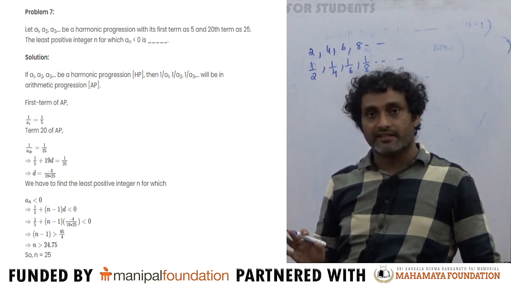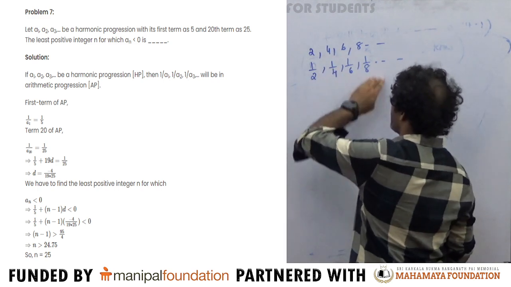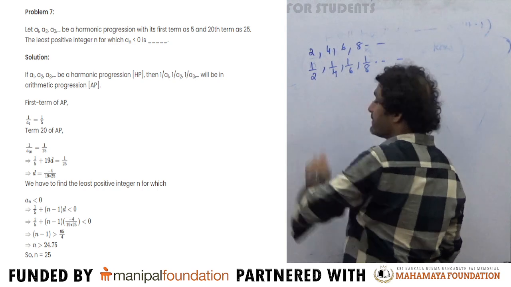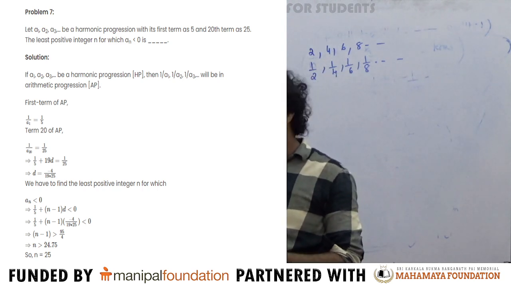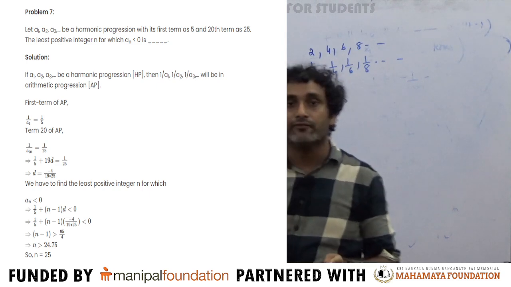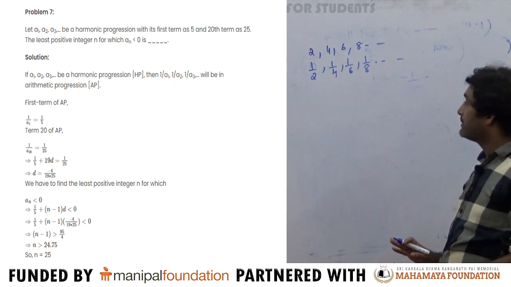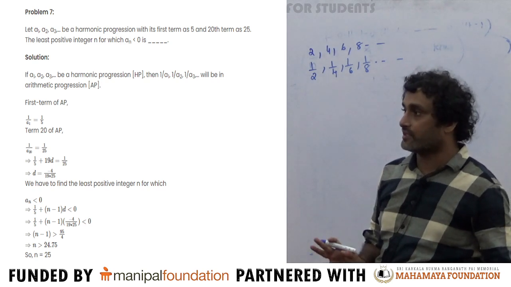Even if they give this 1 by 2, 1 by 4, 1 by 6, 1 by 8, we are just taking A as 2, D as 4 minus 2 and solving it. Suppose the number is 48. That nth number is 1 by 48. Is that okay? So that's how we do. That's the reason why I didn't stress much on harmonic progression.